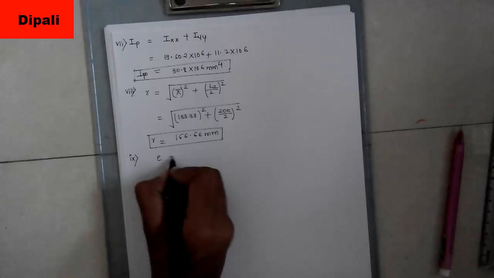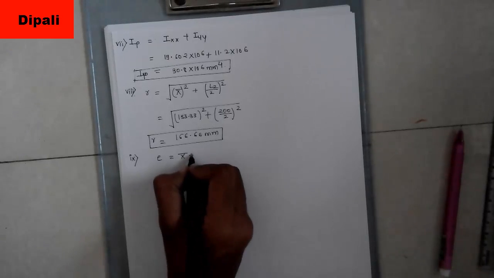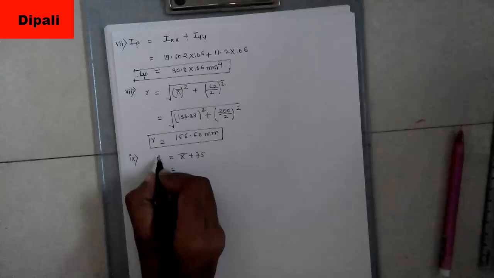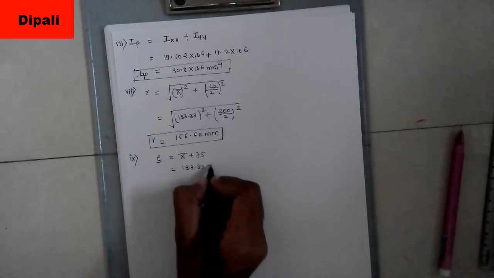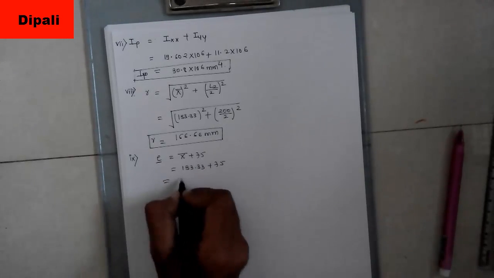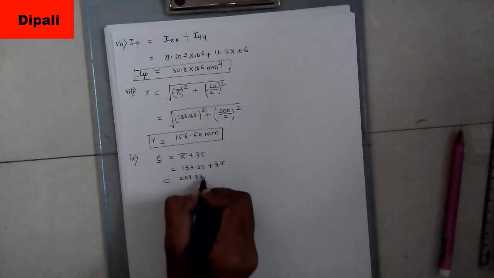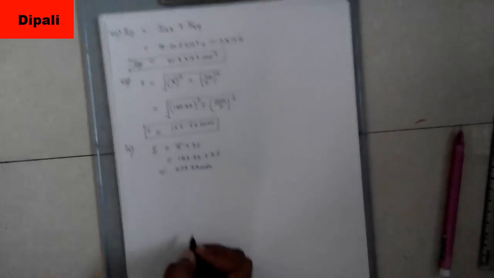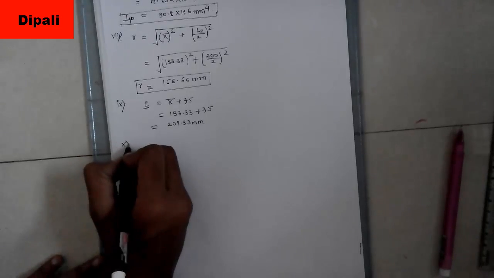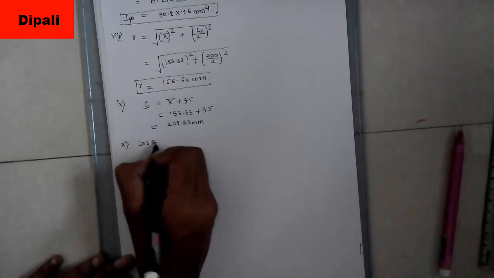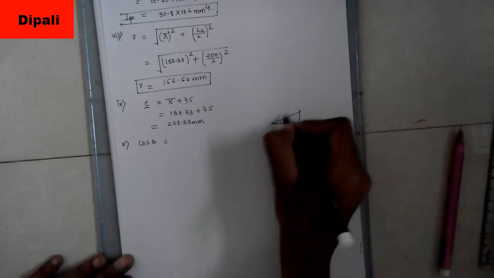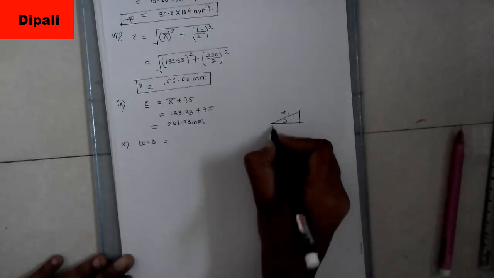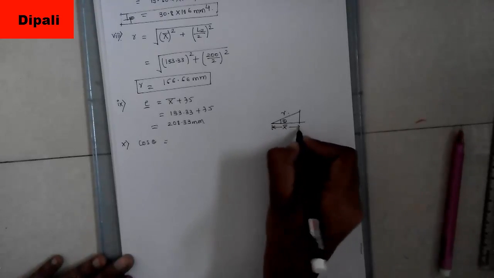With the help of x bar, we can calculate the value of eccentric distance. Eccentric distance equals to 133.33 plus 75, so we get 208.33 mm. Okay, after that the 10th step is cos theta. We know the theta and this is the r. This distance is x bar.